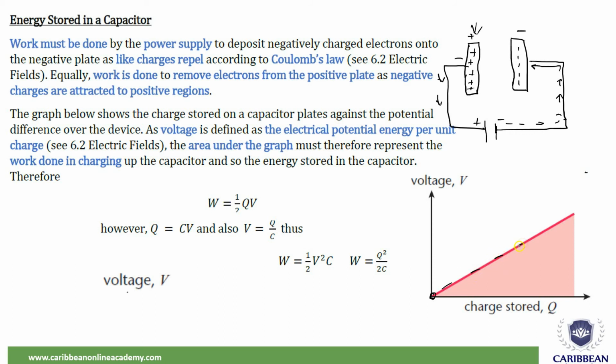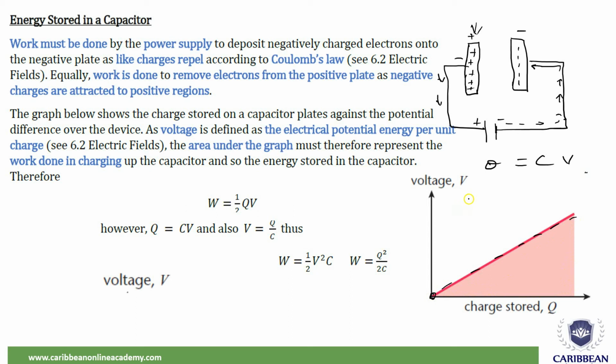So more charge is stored on the capacitor, and we get this directly proportional relationship. If you can recall, the equation Q equals CV gives a directly proportional relationship: as the voltage increases, the charge increases. Now, to find the work done to charge the capacitor, we have to take into consideration the area underneath the graph.